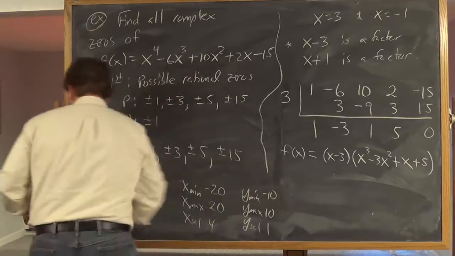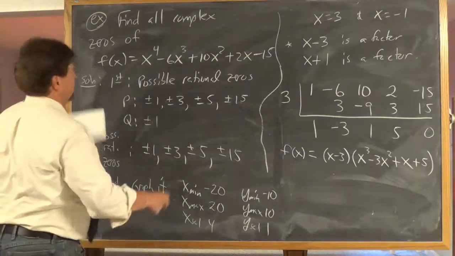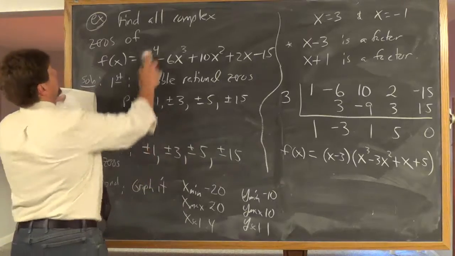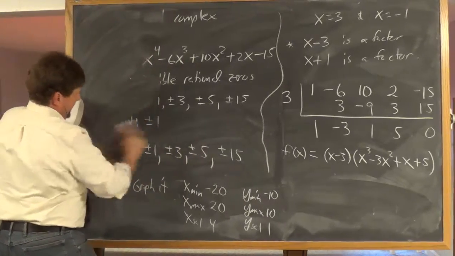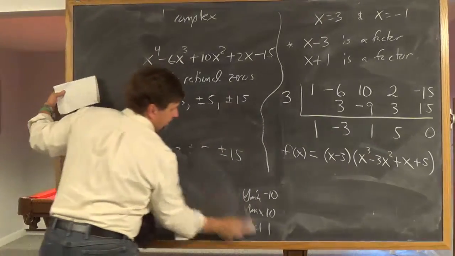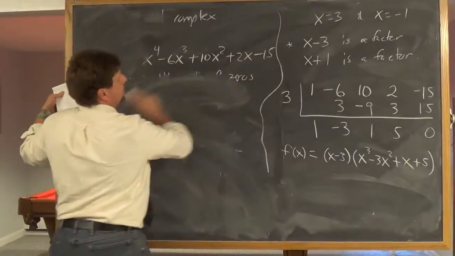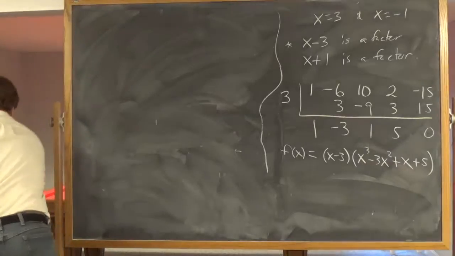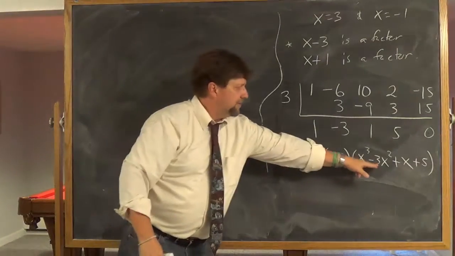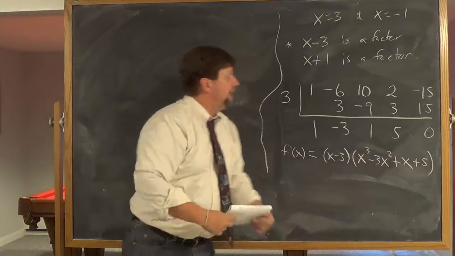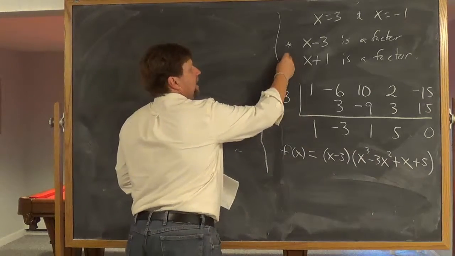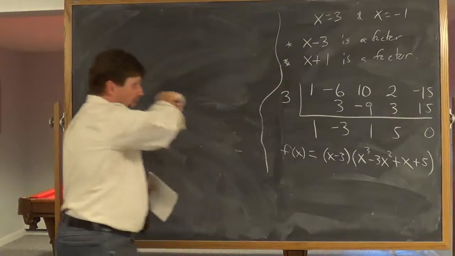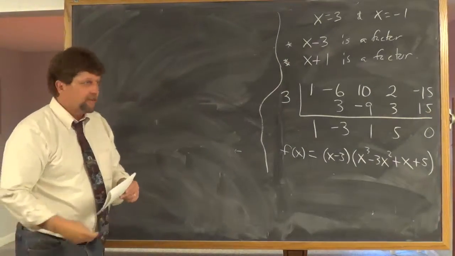Let me do a little erasing here because I've run out of room. So if I continue and I take the x cubed minus 3x squared plus x plus 5 and divide it by x plus 1, I'm going to do synthetic division on it.